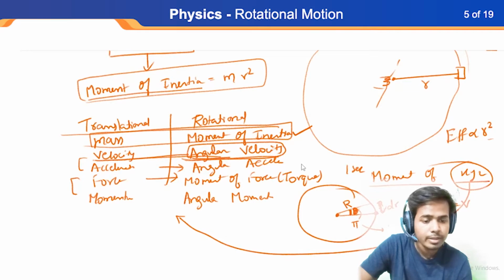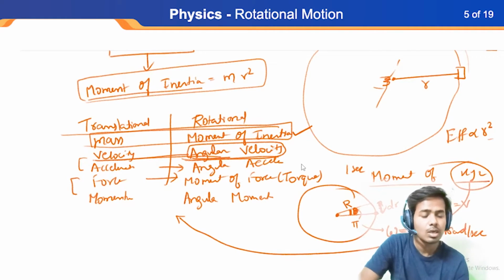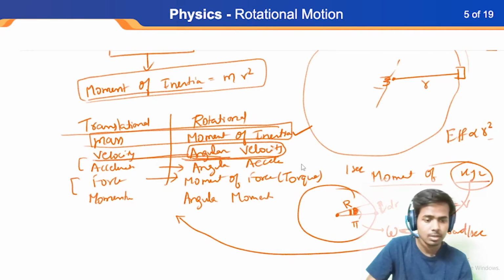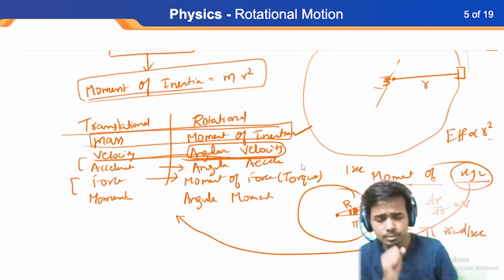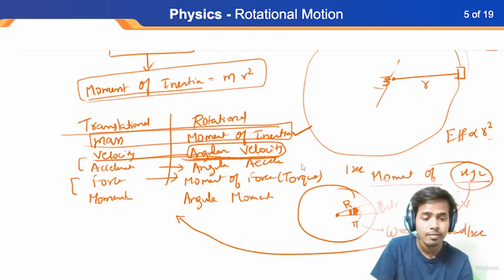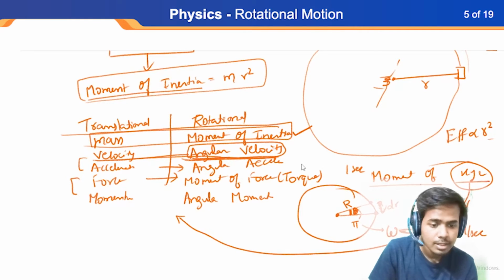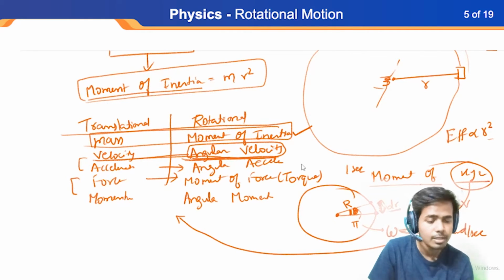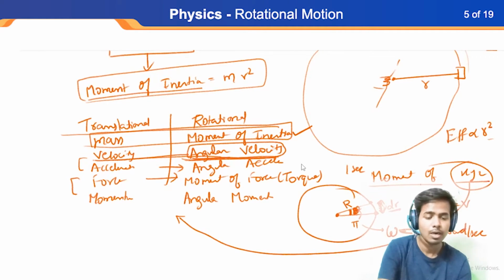So the angular velocity will be equal to pi radians per second, since the angle is always calculated in radians, the SI unit. Now, let me quickly give you the relation between the angular velocity and the translational velocity. Let's say from here to here some displacement has occurred, which is a very small dr, and a small angle d theta has been covered.